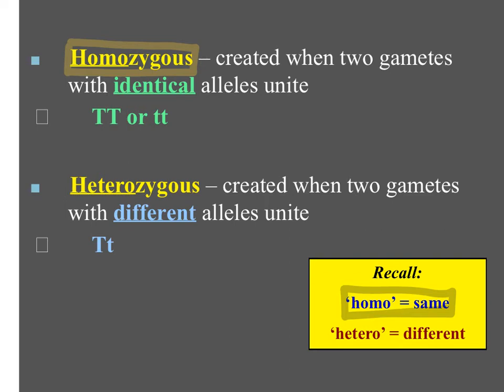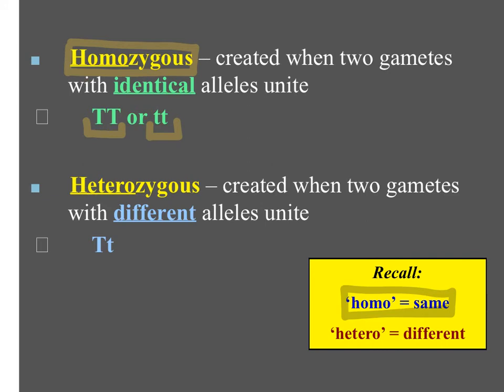When we're talking about tall or not tall, homozygous can be capital T or little t. They're the same because they're both capitals or they're both little. So it's identical. When we see this, it's homozygous. They have two identical alleles, big T or little t.